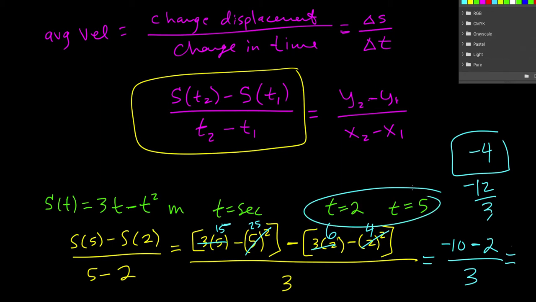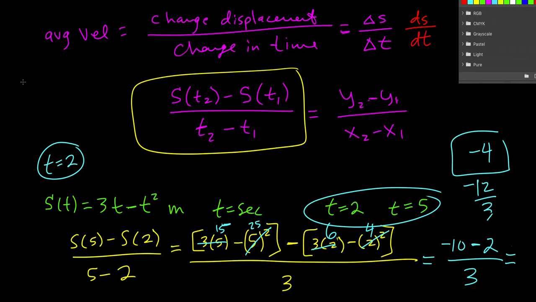Okay, now it says the instantaneous velocity at t equals 2 seconds. So t equals 2 seconds, instantaneous velocity. So what we're going to do, if we take the derivative of displacement, so we're thinking of this like ds/dt, then we'll get the instantaneous velocity at t equals 2.